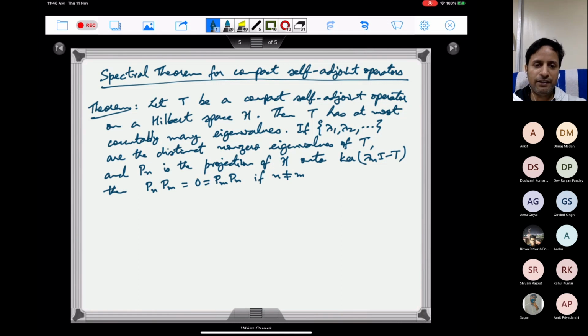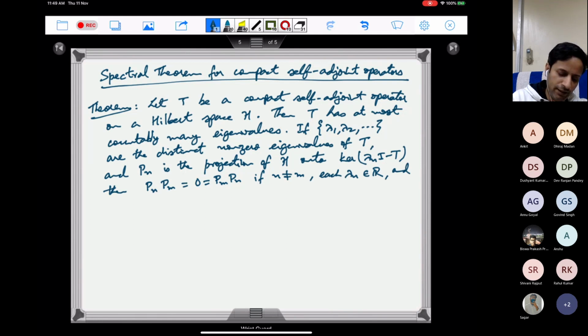So if I take any vector x in H, then Pm of x is either 0 or an eigenvector corresponding to eigenvalue lambda m, and if you operate Pn on that, then that will give you 0. So this is true. And we already know that each lambda n belongs to R.